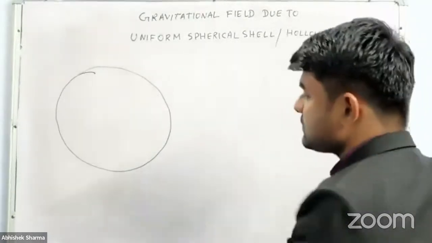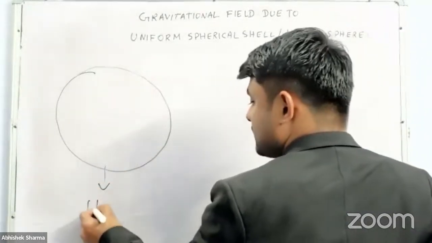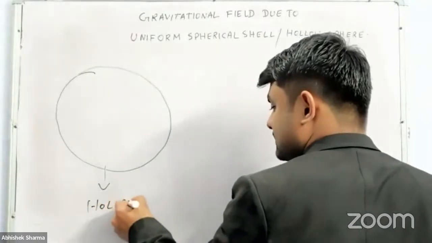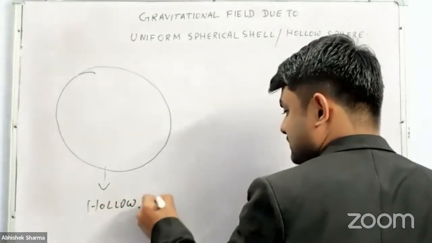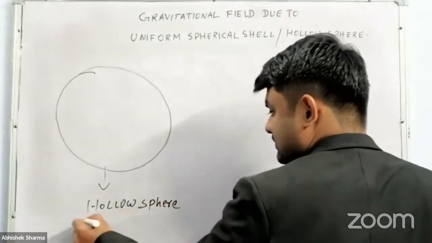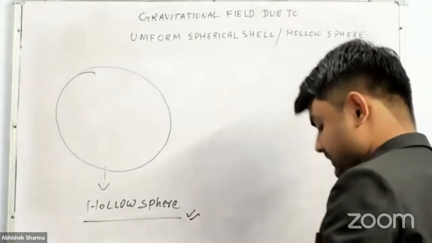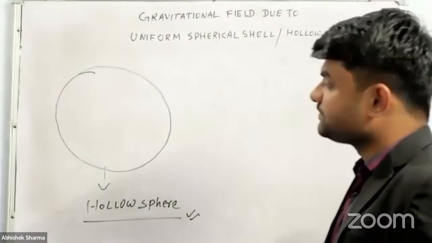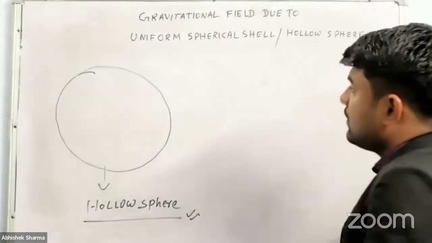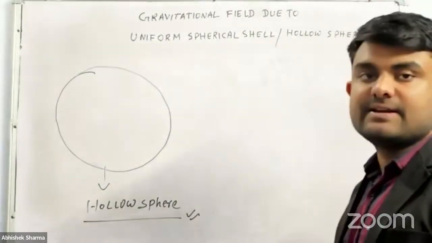Suppose we are having a hollow sphere. And a hollow sphere is also known as a uniform spherical shell.